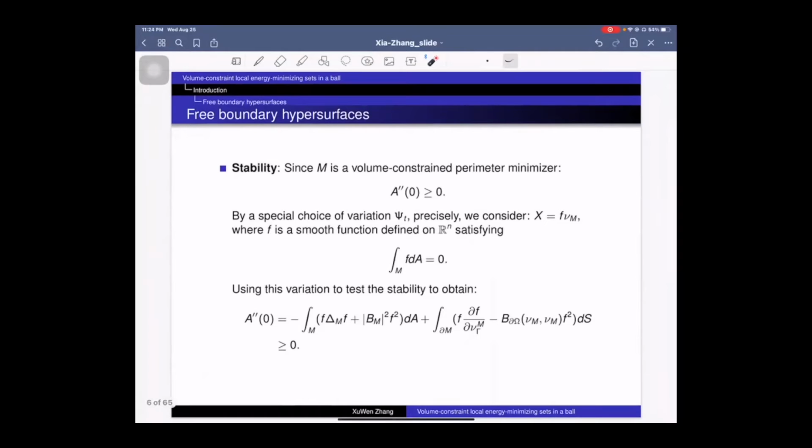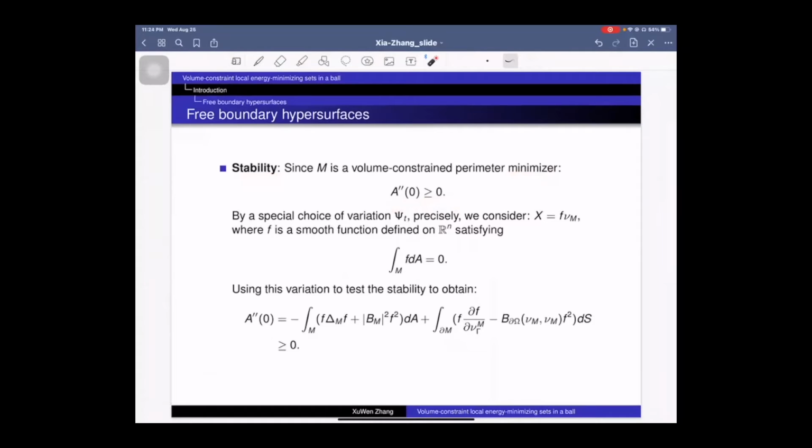And since M is not only a critical point of the functional, but also a volume constraint perimeter minimizer, we have stability. Precisely, the second derivative of the area functional, or the perimeter functional, must be bigger than or equal to 0.